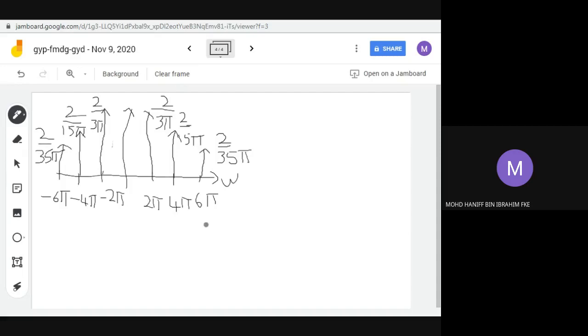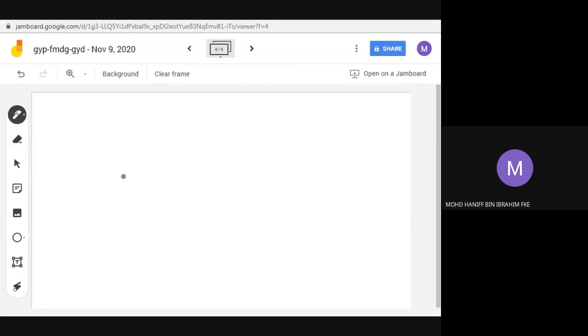About the phase, this should be the amplitude spectrum. And for the phase spectrum, I'm going to use this next screen here. For the phase spectrum, we have omega, and that should be the angle, the phase angle of x(t).